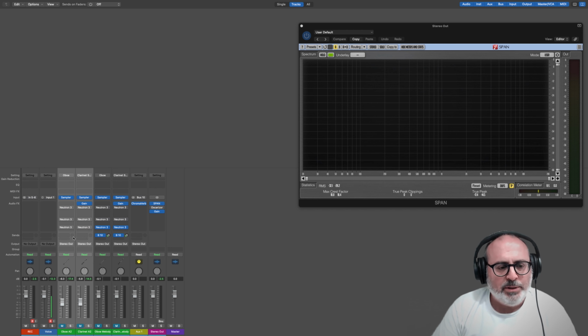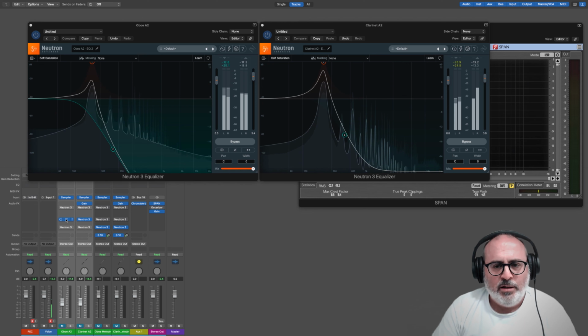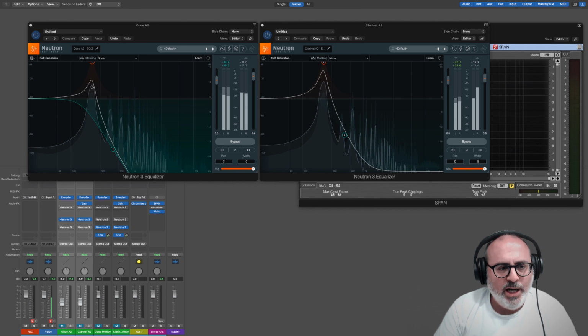Now let's see what happens when we're not completely cutting the harmonics and enhancing the fundamental, but just relatively. So in this case, we are enhancing the fundamental by a little bit on both instruments and cutting a lot of the harmonics on both instruments, but they're still present.